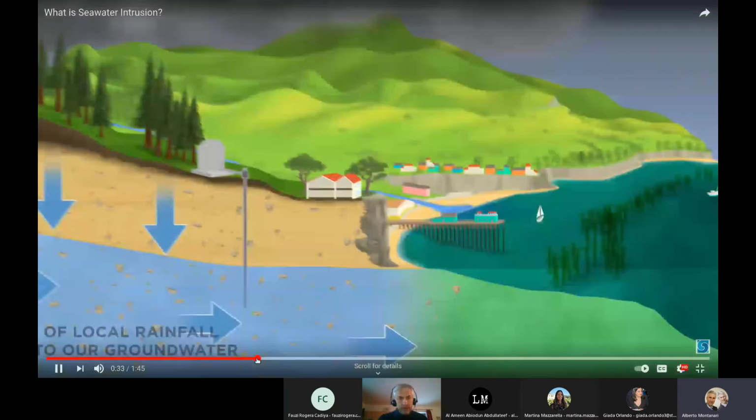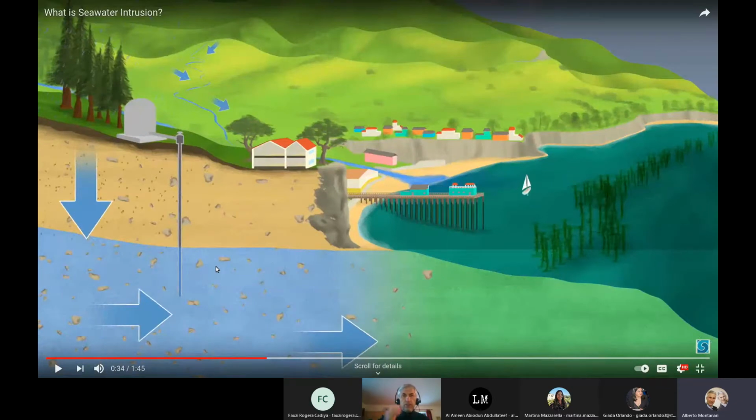Now let me go back just 1 second and keep the video fixed, because I just wanted to discuss with you the essence of the phenomenon. You see, I'm repeating. From the land, you have a flux of fresh water into the ocean. And this flux can take place through rivers, and you see the river in the upper part of the figure, but also through groundwater flux.